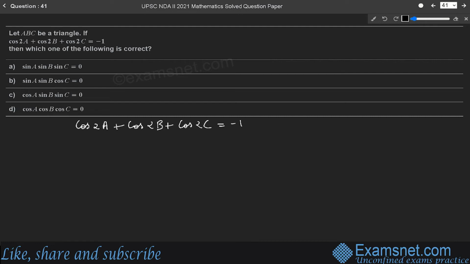It is given that ABC is a triangle and cos 2A plus cos 2B plus cos 2C is equal to minus 1.